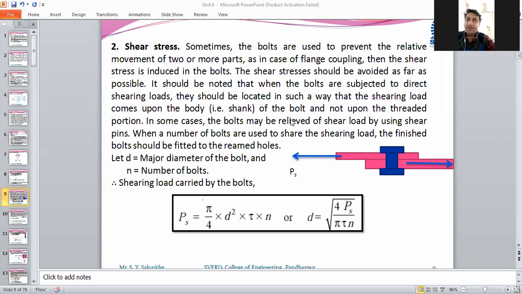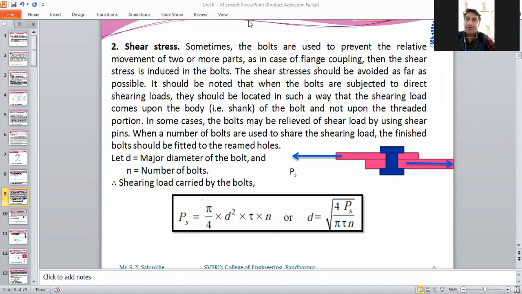In some cases, the bolts may be relieved of shear load by using shear pins.